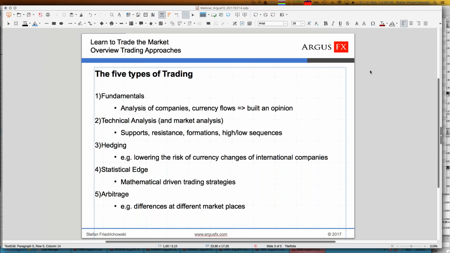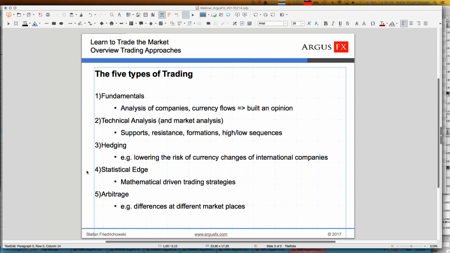And what we will do here most for our things within that webinar series is a combination of 2 and 4. So whatever I will present here as being trading setups are known for that they have a statistical edge.